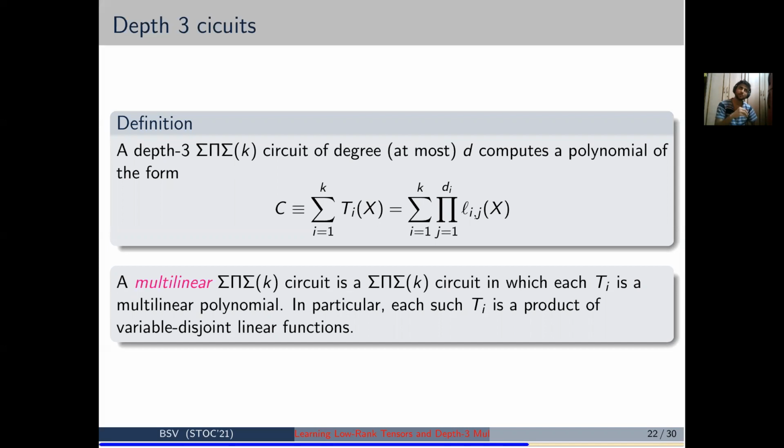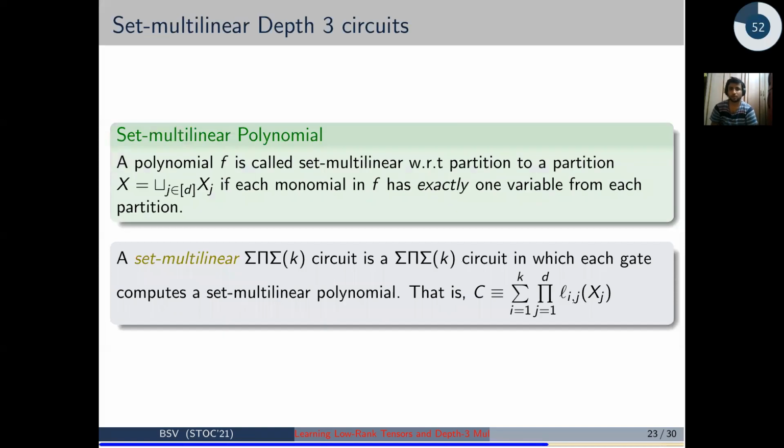A polynomial is multilinear if the individual degree of each and every variable is at most 1. And your circuit is multilinear if each and every gate in the circuit computes a multilinear polynomial. Similarly, you can talk about set multilinear polynomials. Set multilinear polynomial is exactly the polynomial which played a role while you were studying tensors. So let me first describe what a set multilinear polynomial is.